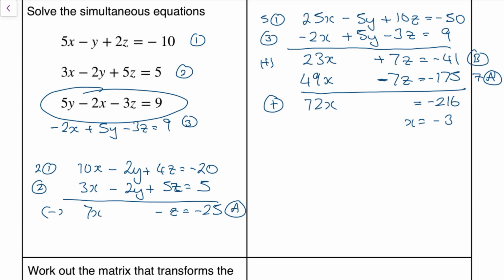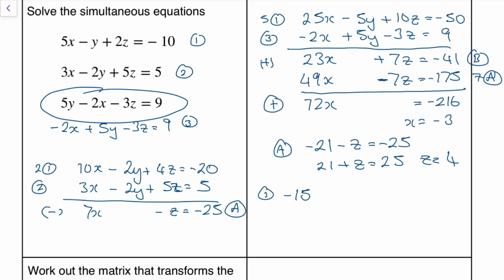Now let's put this back into equation A. So equation A says 7 times minus 3 is minus 21, minus z is equal to minus 25. Let's multiply everything by minus 1 because it's just a bit easier. So 21 plus z is equal to 25, which means that z is equal to 4. Then equation 1: 5 times x, which is minus 15, minus y that I don't know, plus 2z, which is 8, is equal to minus 10.